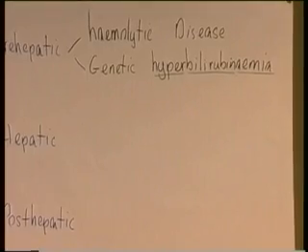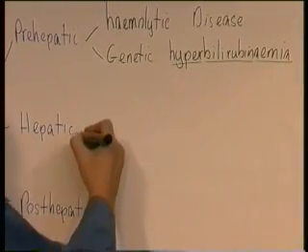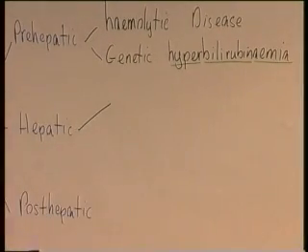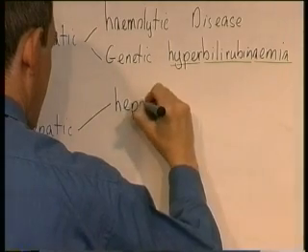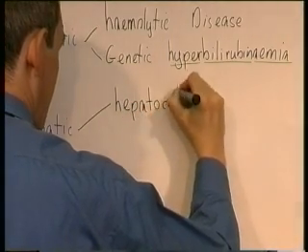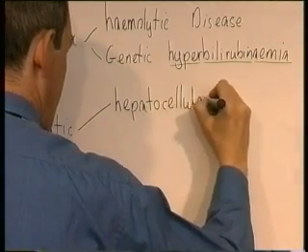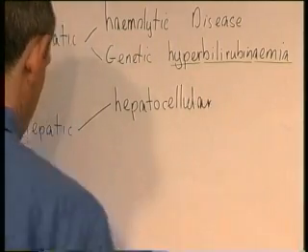Now in hepatic jaundice, again we could divide this into two types really. The first is where there's a failure of the liver cells themselves, that the liver cells don't work properly. This is referred to as hepatocellular, because remember a hepatocyte is a liver cell. Hepatocellular.